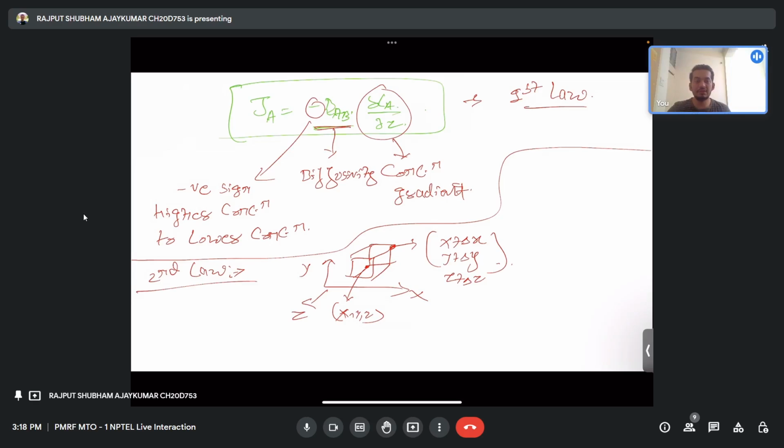If you take a constant density system, you get del ux by del x, that is the equation of continuity. So the equation of continuity, if you consider a constant density system, is del ux by del x plus del uy by del y plus del uz by del z equal to 0. This is the equation of continuity for a constant density system.